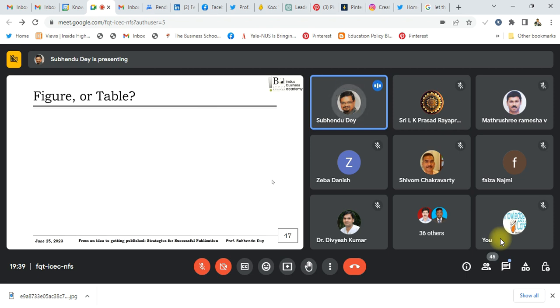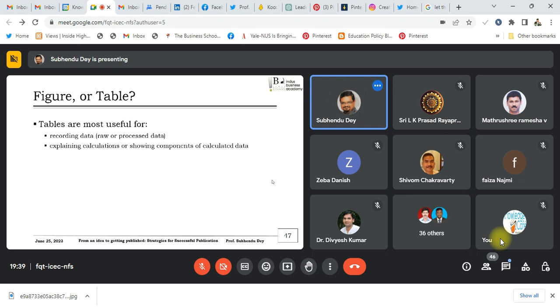So, figure or table. This is simple. Tables are mostly useful when you record data, whether raw data or processed data, when you're explaining calculations, when you are showing calculated data, showing the actual data values, etc., or when you are comparing between elements in many directions.